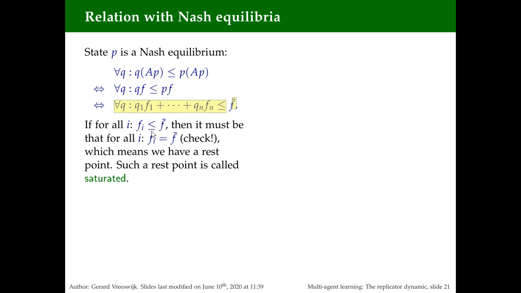Now, if for all species their fitness is not strictly higher than the average fitness, then of course it must be that all species assume average fitness. Of course, this must be so. This is just a property of numbers. And if this is the case, then from the replicator equation it follows that we have a rest point.